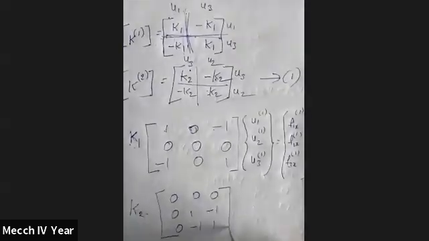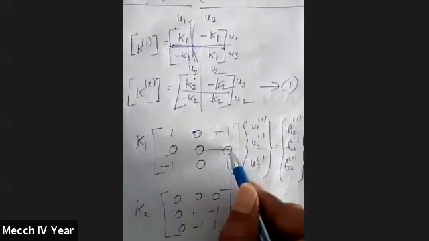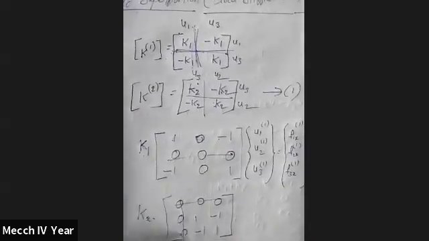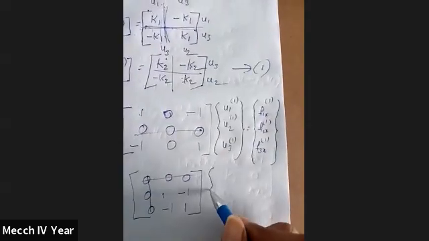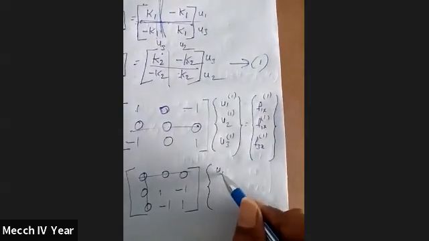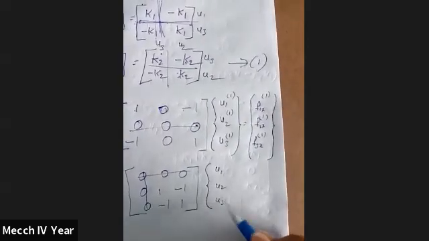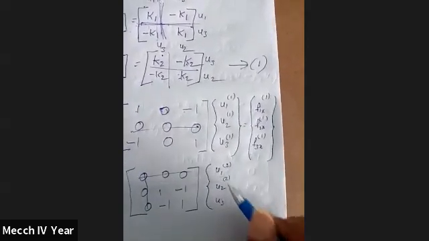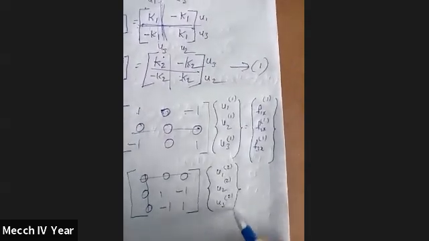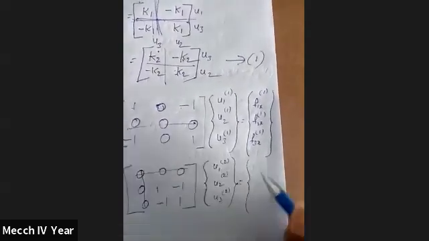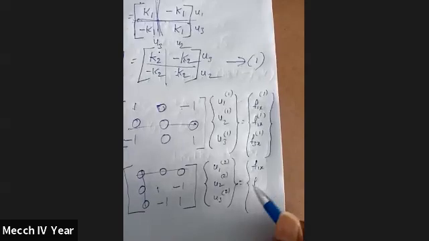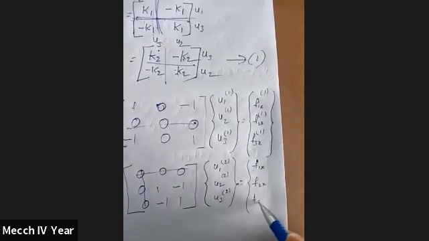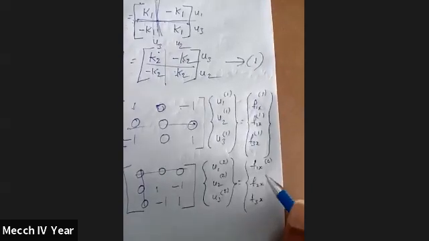Here we added zeros in between, at the start of the row and the start of the column. Similarly we write U1, U2, U3, the element is 2. Similarly the forces f1x, f2x, f3x, the element is 2.